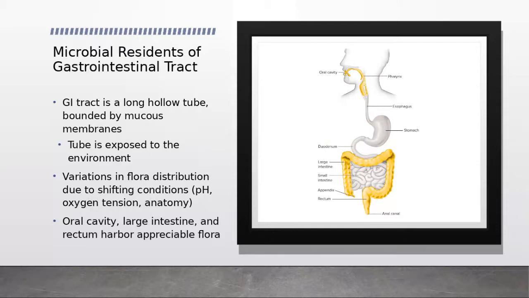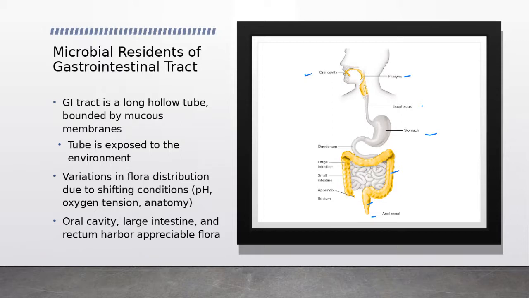GI tract. The whole GI tract is actually facing the environment directly. Just remember, when we eat and drink, the food and the drink that we take carry a lot of bacteria. So the whole GI tract, starting from the mouth, the throat, the esophagus, stomach, intestine, rectum, and anus, are all facing the environment.